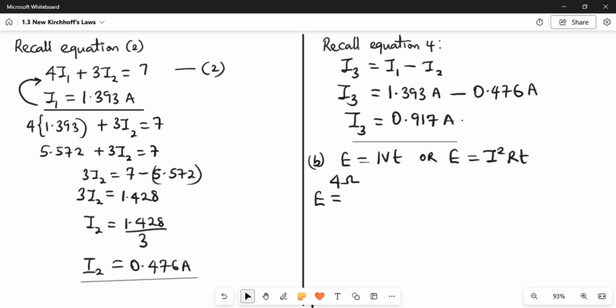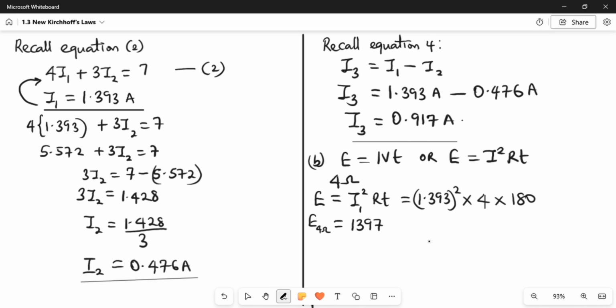So we say I1 squared times RT, which is I1 is 1.393 ampere times the 4 ohm resistor times the time 180 seconds. That gives us 1397.12 joules.